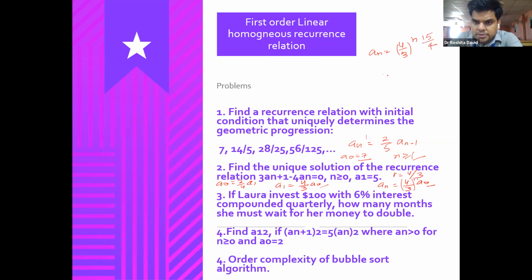So you can solve this. 3 will cancel out. Yeah, we get 4 by 3 to the power n minus 1 after cancelling. And 5 will come out. So this is going to be the unique solution, which will only depend on n.